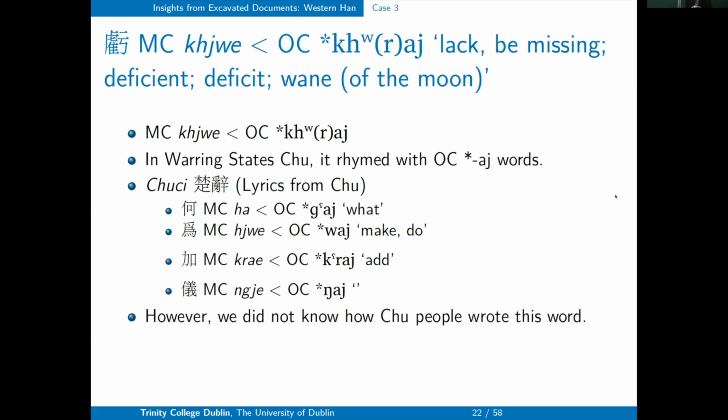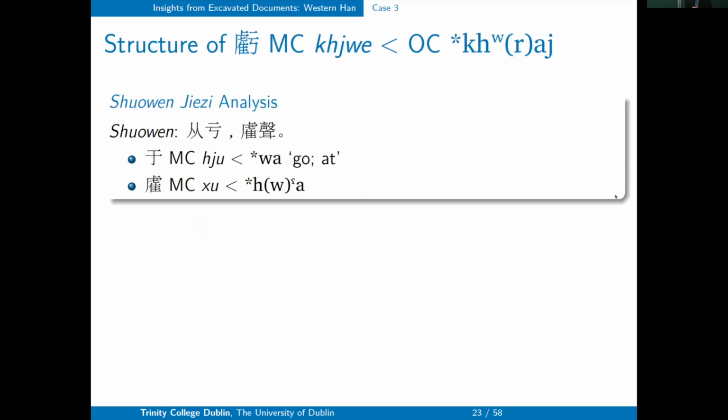And now we will look at the received written forms for this morpheme. In the 说文解字, Xu Shen analyzes this character as 从于呼声. I give both Yu and Hu their Middle Chinese pronunciation and their Old Chinese reconstruction.